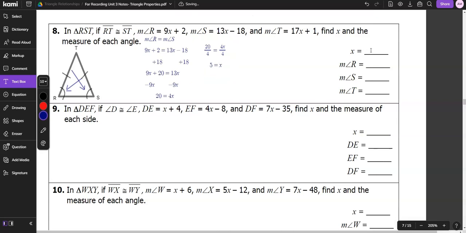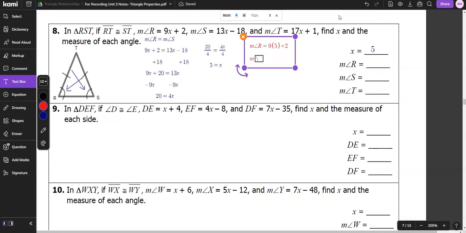So the first thing I'm going to do is go ahead and put 5 over here. And now that I've solved for x, I can use that information to find R and S and T. Again, I'm only going to do R or S, and then I'll do T. So I'm going to do the measure of angle R, simply because 9 is smaller than 13, is equal to 9 times 5 plus 2. 9 times 5 is 45.